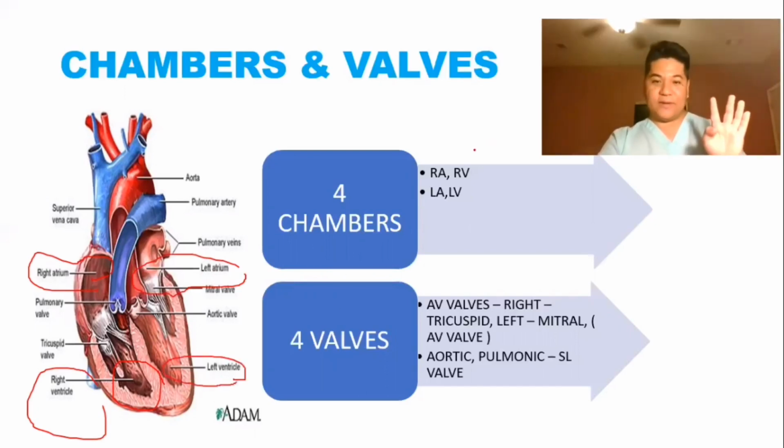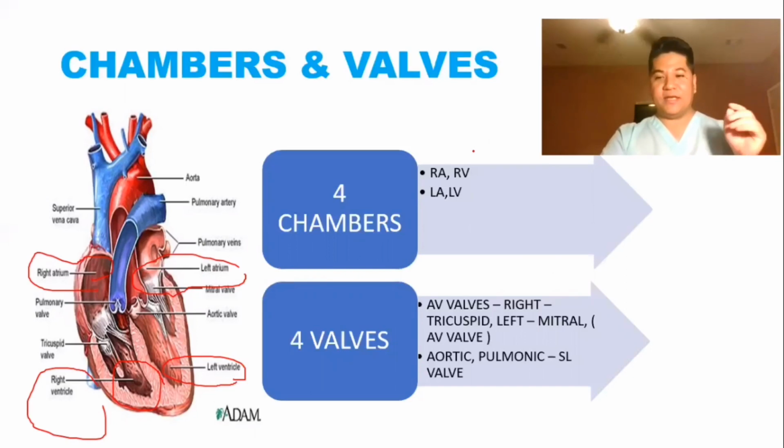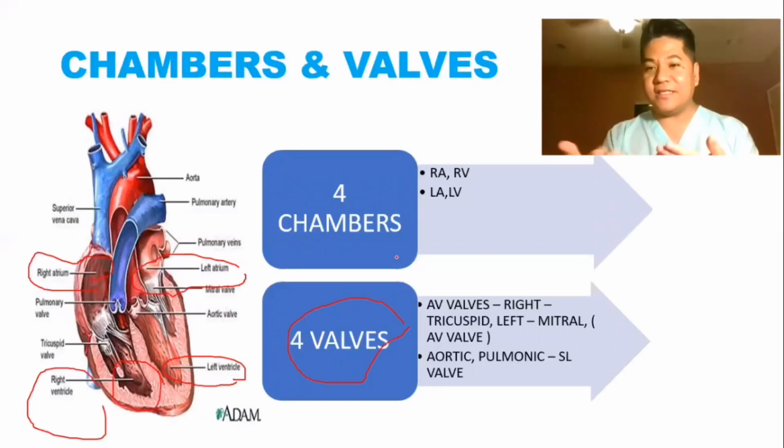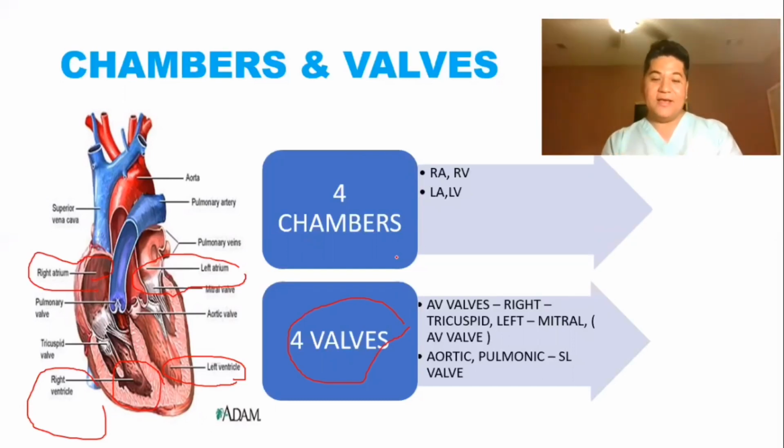So that's the 4 chambers. Each chamber has valves that function to prevent backflow of the blood. If there are defects with your valve, then there is mixing of your oxygenated and deoxygenated blood. So it's very important that the valves are functioning well. Remember that, because we're going to talk about it later with the heart circulation.